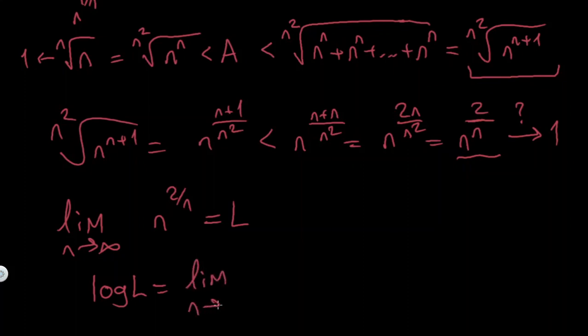So it's the limit as n goes to infinity of log of n to the 2 over n. This 2 over n is going to come before, so I can say 2 log of n over n.